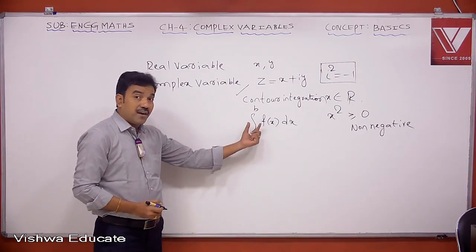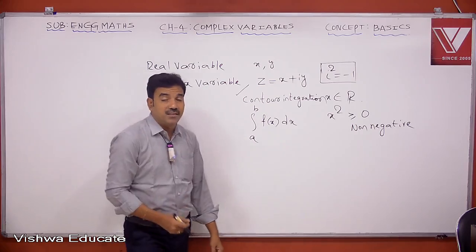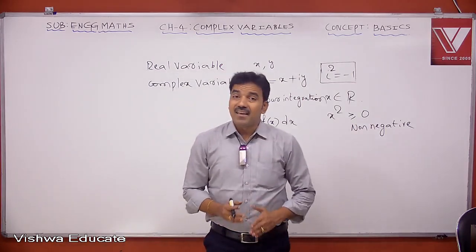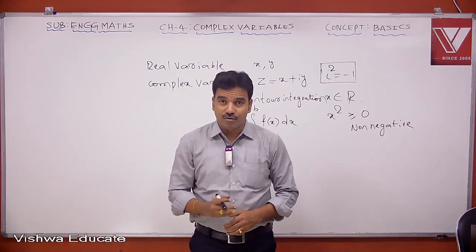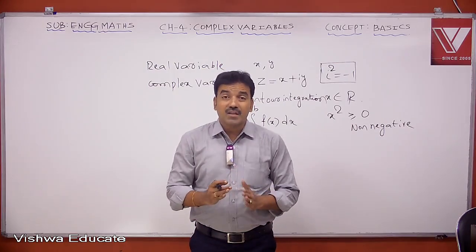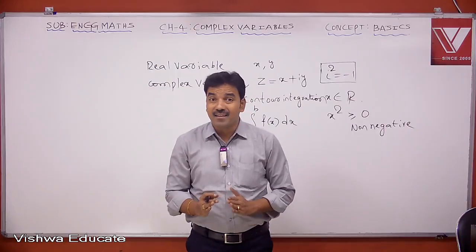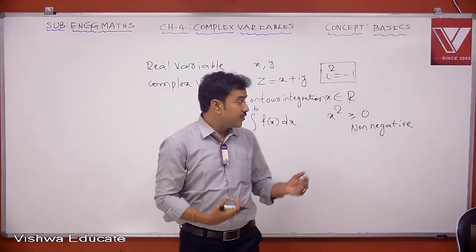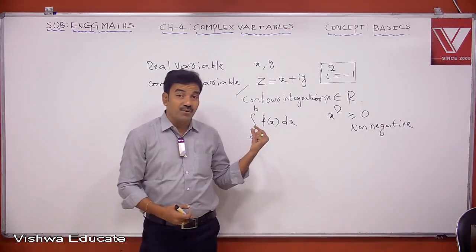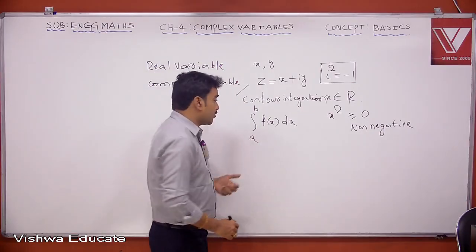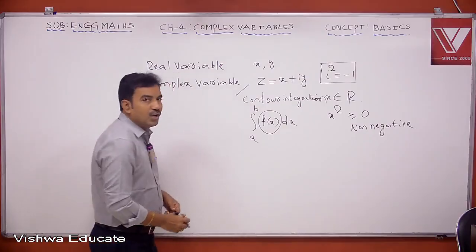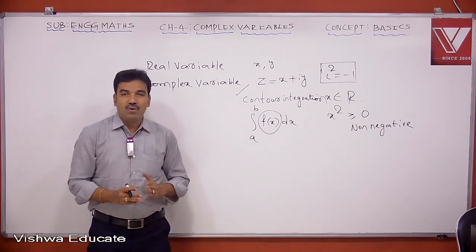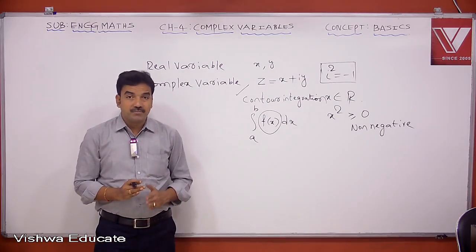So if the boundaries are two straight lines, finding real integration is simple for me. Of course, f of x must be continuous in the closed interval a comma b. But suppose I want to find the area bounded by f of x over a circle or over a rectangle, then it may not be simple for me.